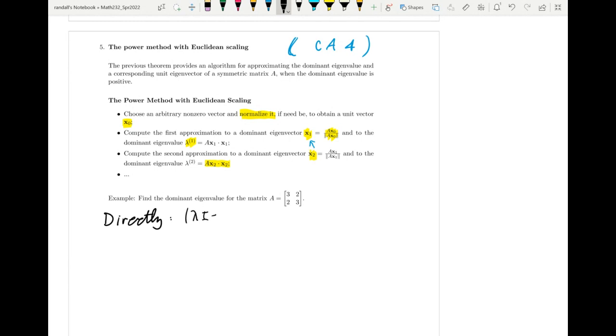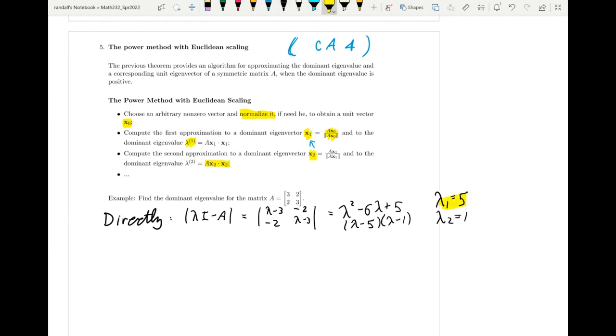The determinant of lambda I minus A. So lambda minus 3, minus 2, minus 2, lambda minus 3 will be, when you write it out, lambda squared minus 6 lambda plus 5, which we can factor into lambda minus 5 and lambda minus 1. So we see that lambda 1 is 5 and lambda 2 is 1.